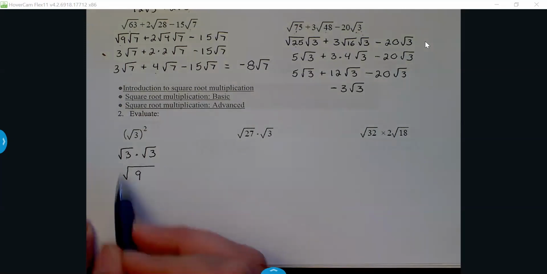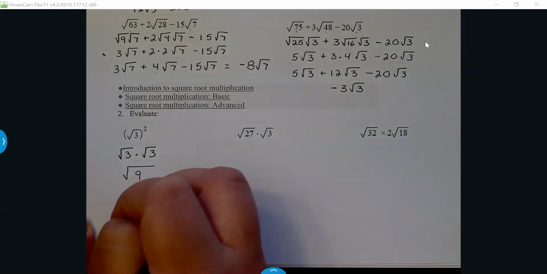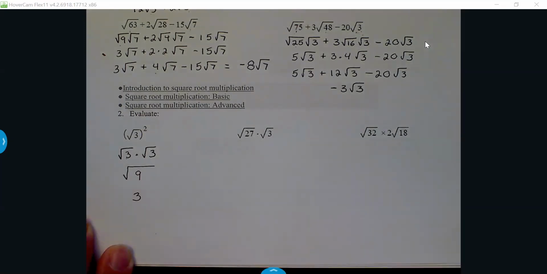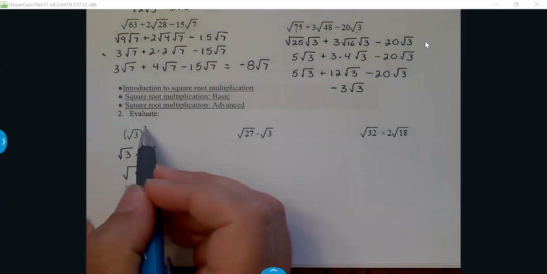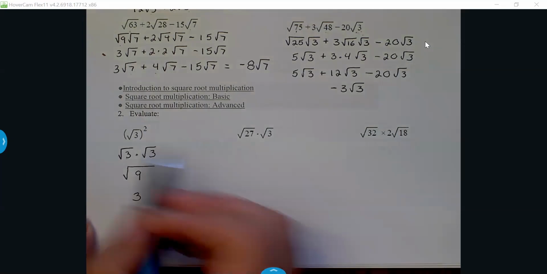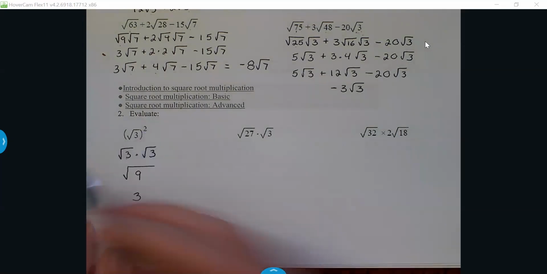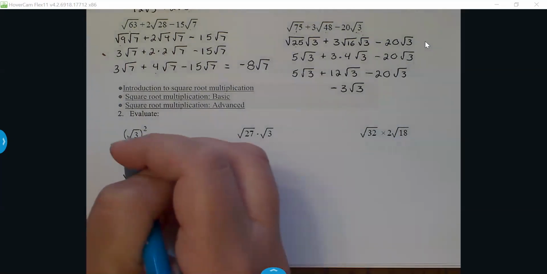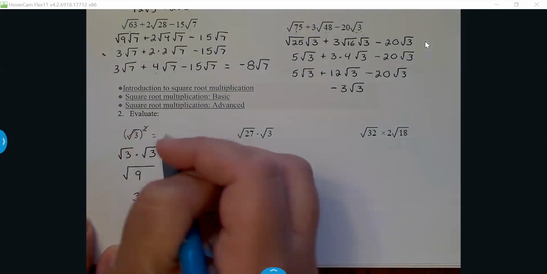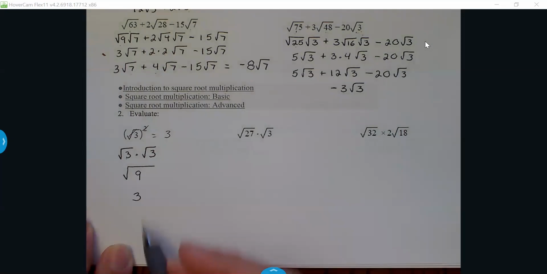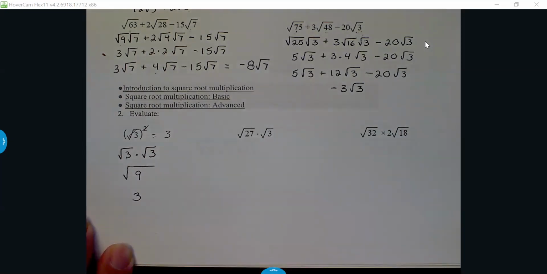Now, what is the square root of 9? That would be 3. Now some of you might look at the square root of 3 squared and know that a square cancels out the square root because they are inverse operations. So in this case, if we have a square root squared, that would cancel out and give us 3 as well. So whatever way you want to look at that, that would be fine.